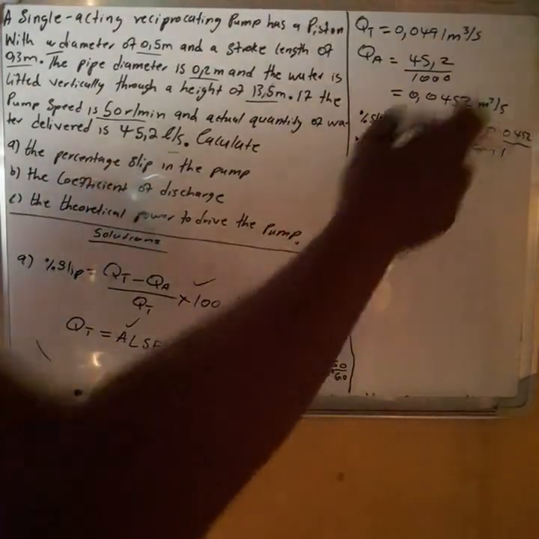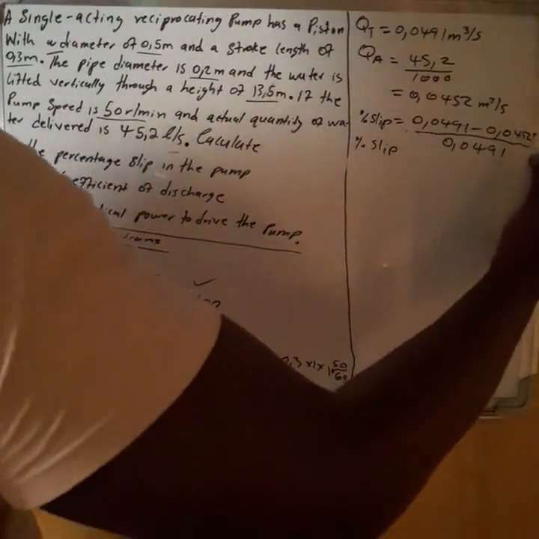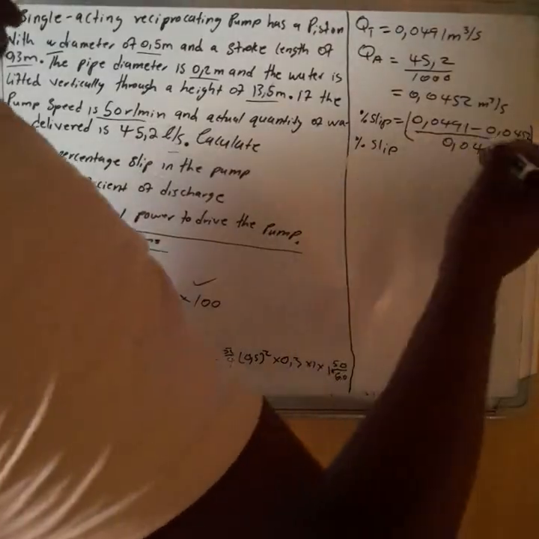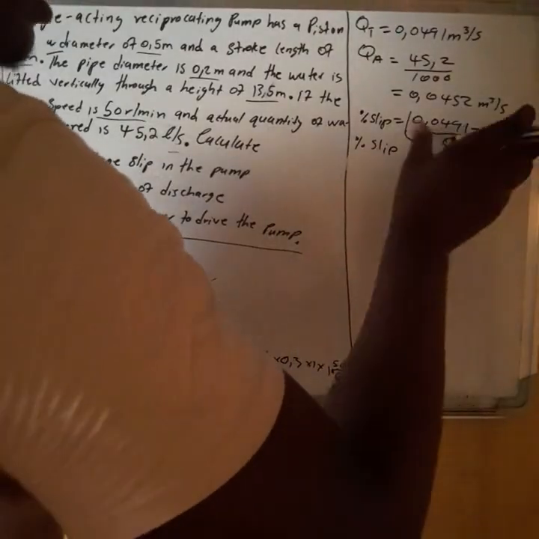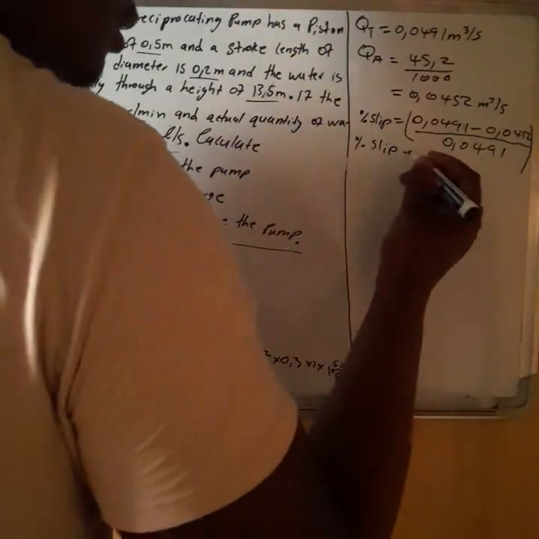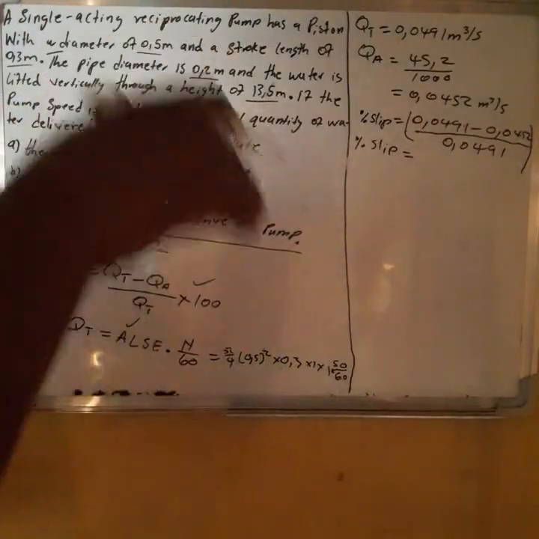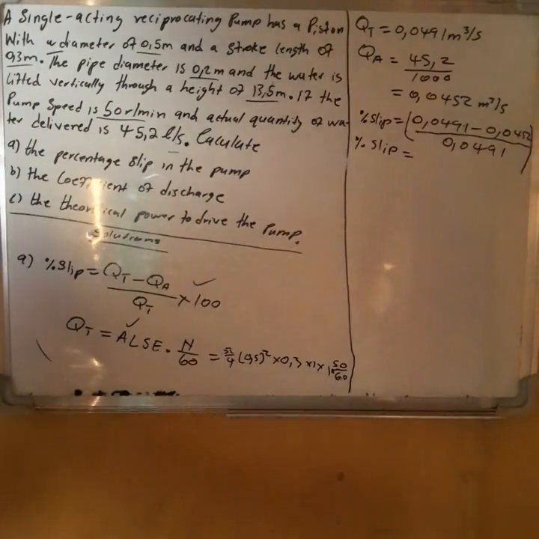All of this you put in brackets like this, and we multiply by what? By 100. Take this value and multiply it by 100 so that it will be in percentage.